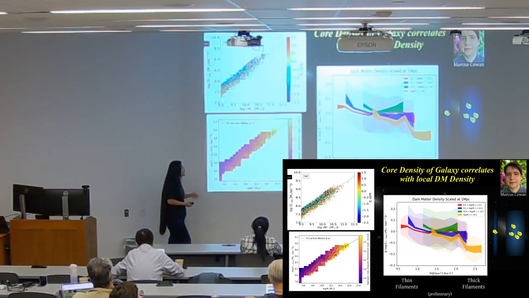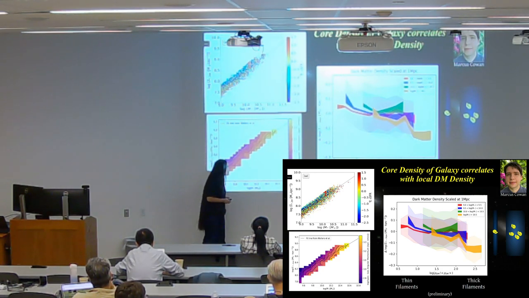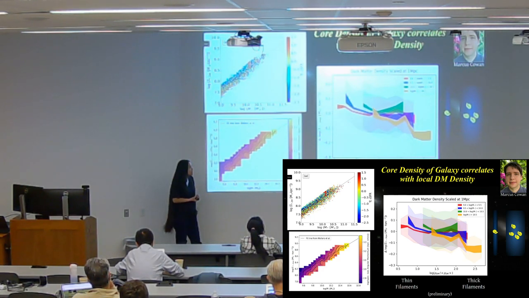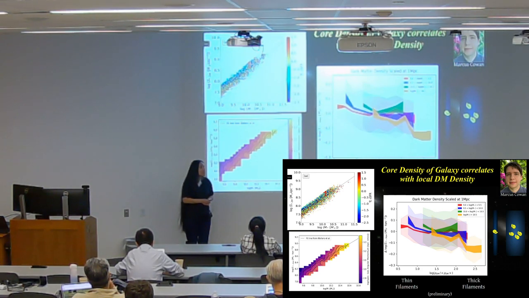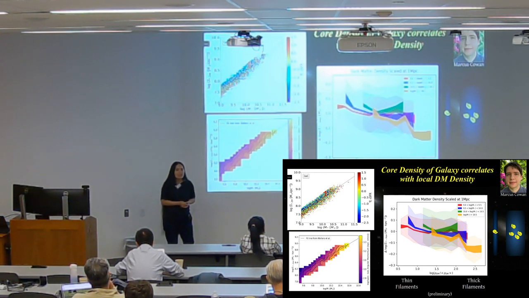But on longer time scales, which measure the slower build-up of the inner density, we are seeing this correlation between filaments, the dark matter density, and the angular momentum of accretion, and the build-up of the galaxy core.